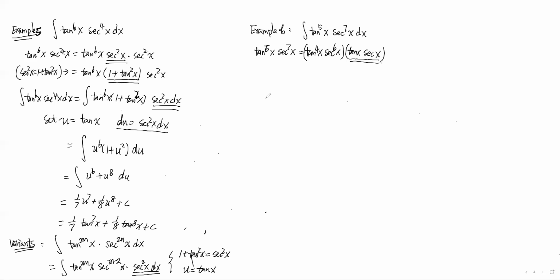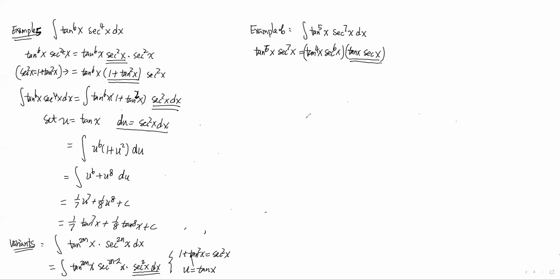So what do we do here? We set u as secant x. Why? Because we know du is tangent x secant x dx.